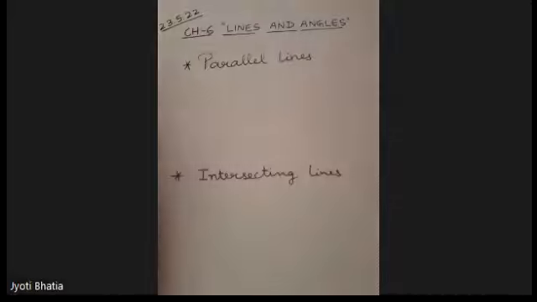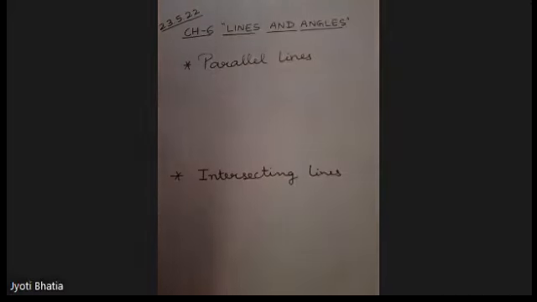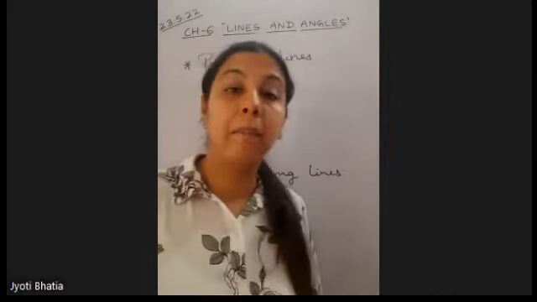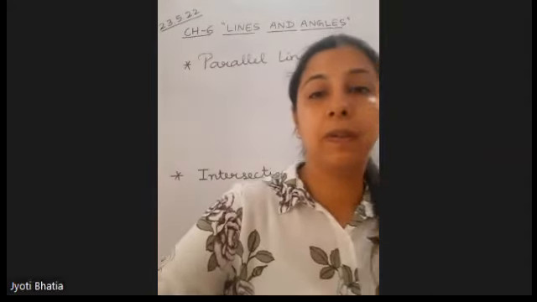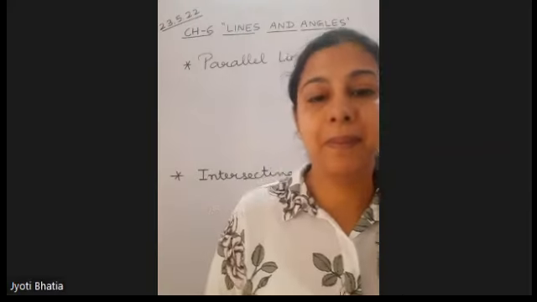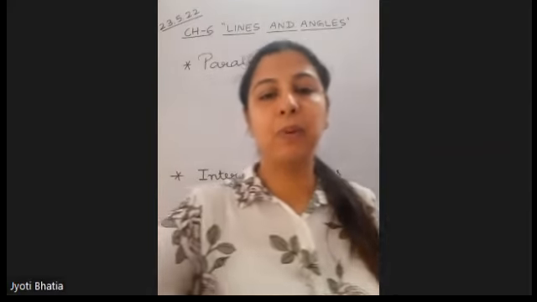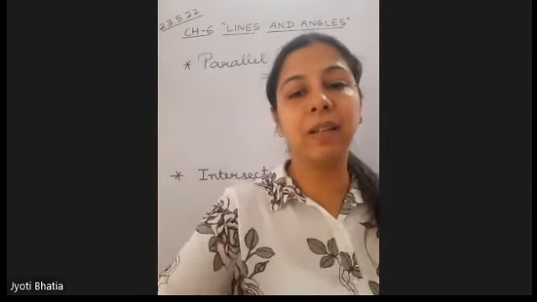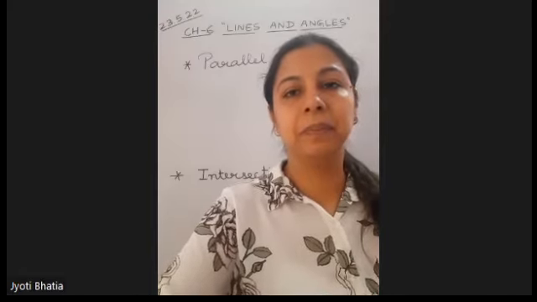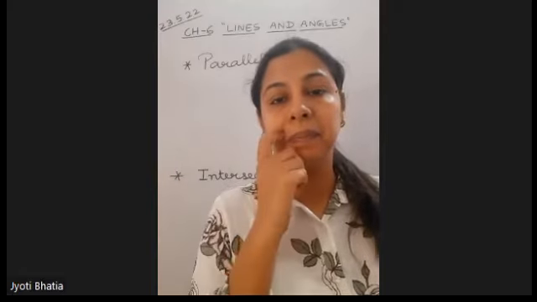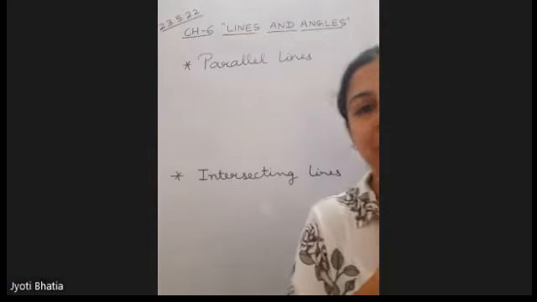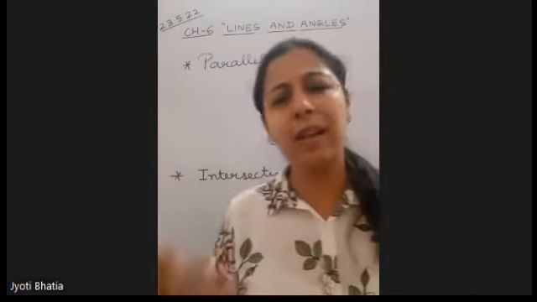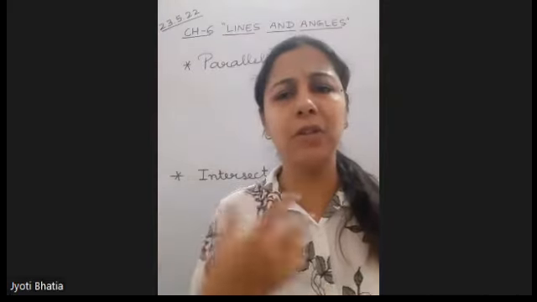Ma'am, the lines that do not intersect or meet each other at any point in a plane. But why they do not intersect? That is the question. Tell me, why they don't intersect? Yes, Siddharth. Ma'am, because the space between them is... Give a try, no problem. Whatever is coming to your mind, just say that.